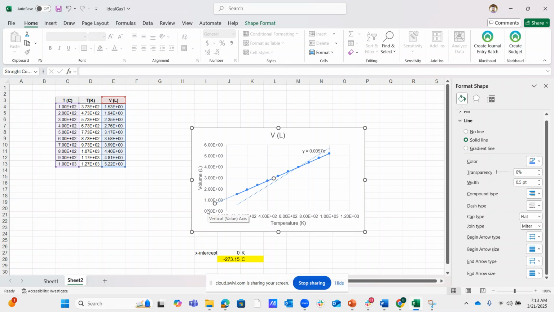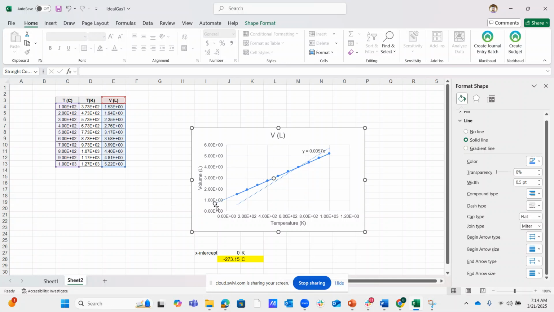You see that? This graph is only showing x and y. The problem is that now you need to have the negative values. It's showing all your x and y as positives. Remember, our answer we had was minus 273.